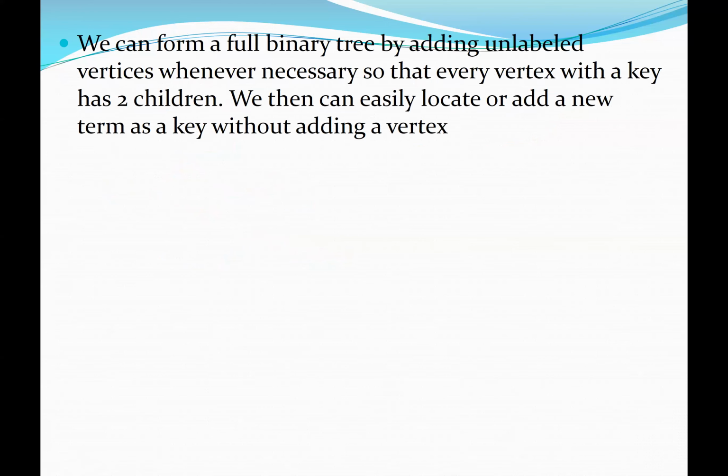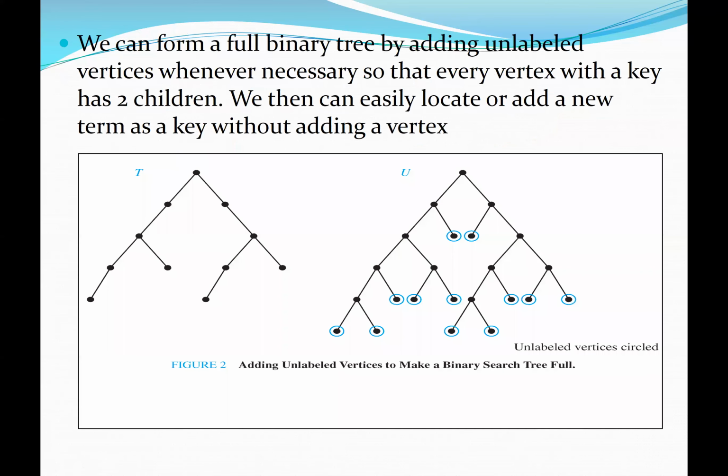So sometimes when you have a graph, a tree that's not really a full binary tree, you can always add in unlabeled vertices when it's necessary to make sure that you have a full binary search tree. So here's the example. On the left-hand side, the tree T, it is binary, but it's not a full binary.